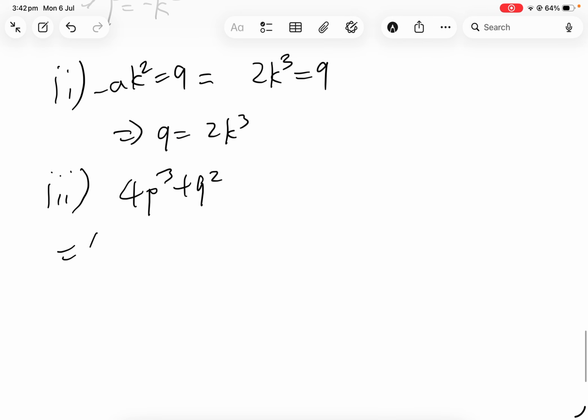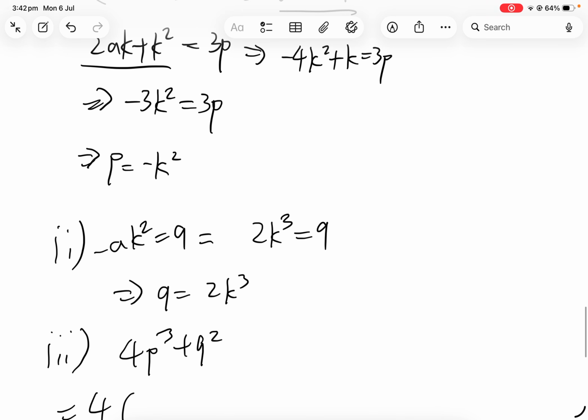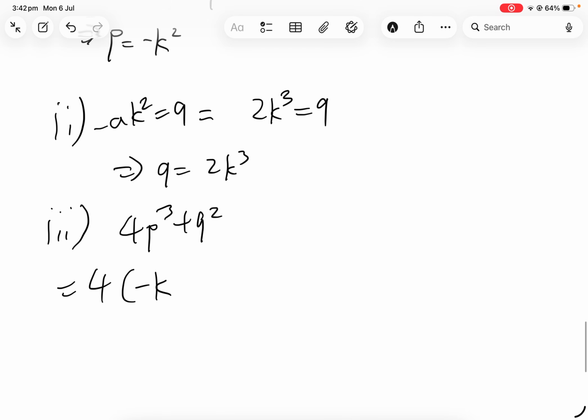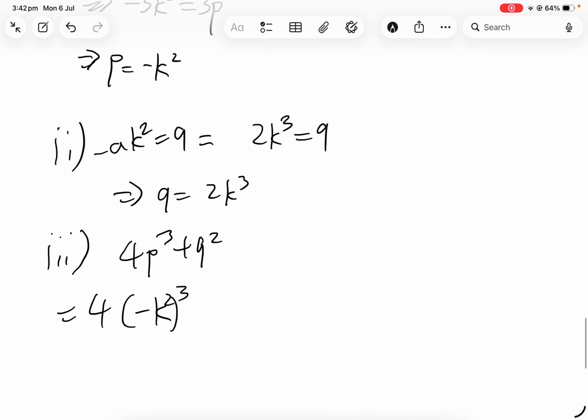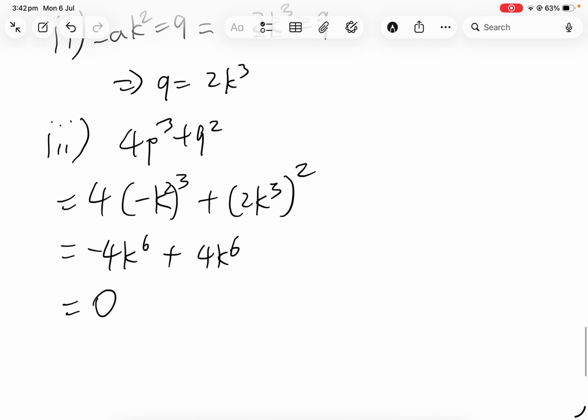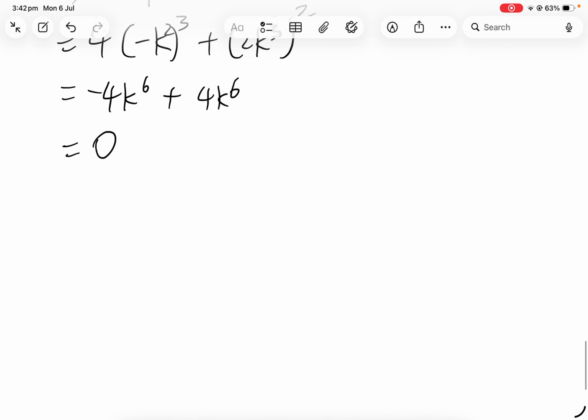That just means 4 times p, what's p? p is negative k² to the power 3 plus q, which is just 2k³ to the power of 2, and that just equals negative 4k⁶ + 4k⁶, and that just equals 0. And we're done.